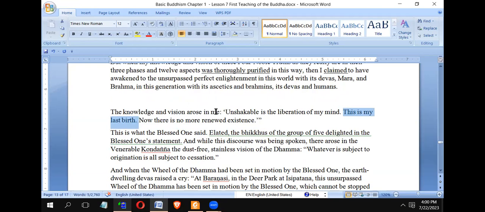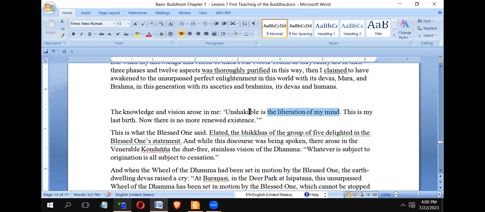Okay. And what's the meaning of this? Of course, he already became an Arahant. So we say that the mind is liberated from what? Liberated from suffering? No, liberated from defilements, through the abandonment of defilements. So liberated from defilements, and he became an Arahant.